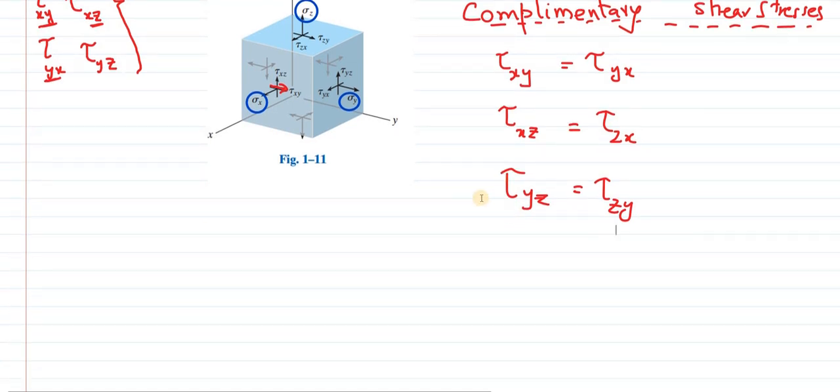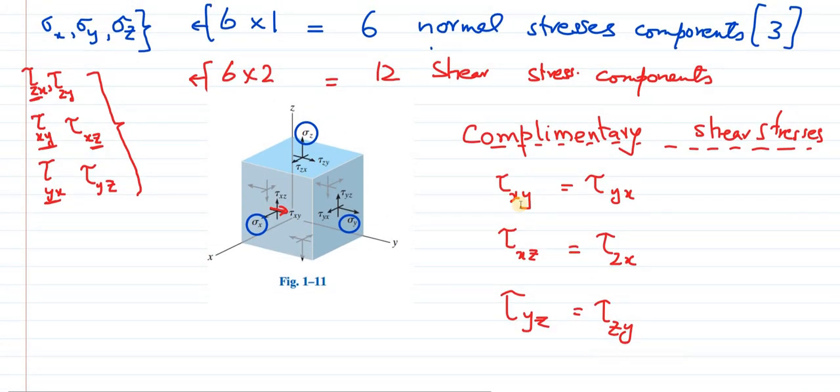Just to save time, I'm not repeating it, but I'll have a quick recap of this in our next discussion. For now, we have stated that tau xy is equal to tau yx. So out of this total 6, we need to know only these three. If you can find out these 3, the other 3 will become automatically known.